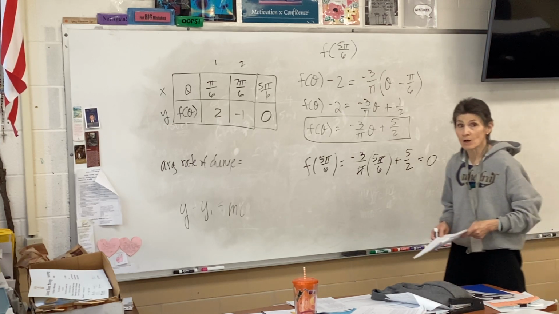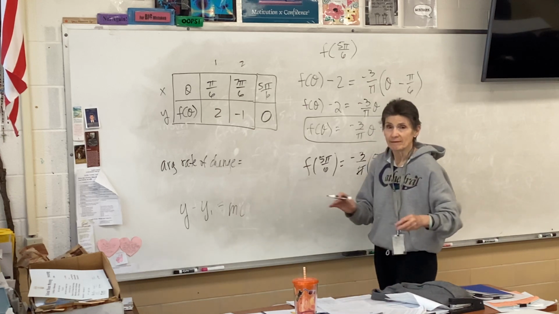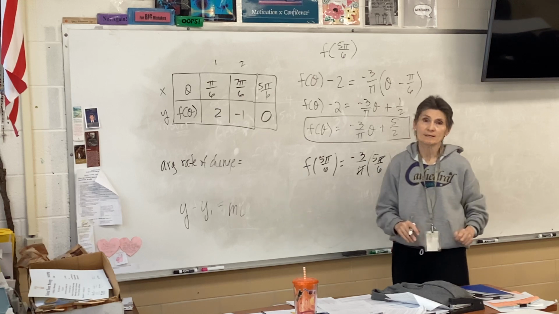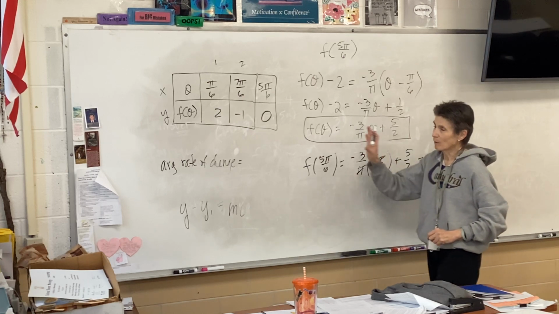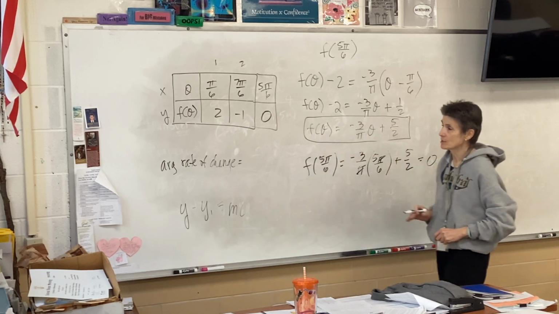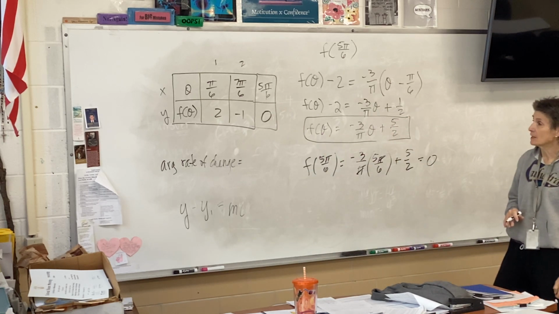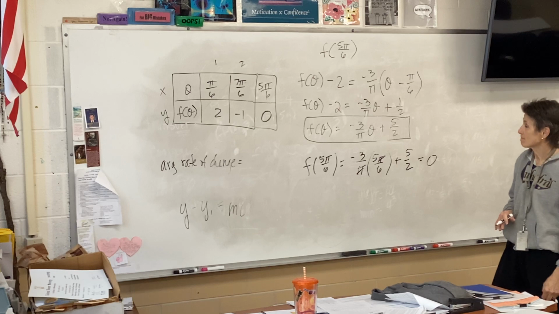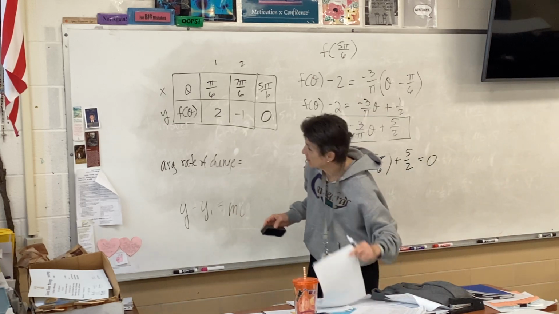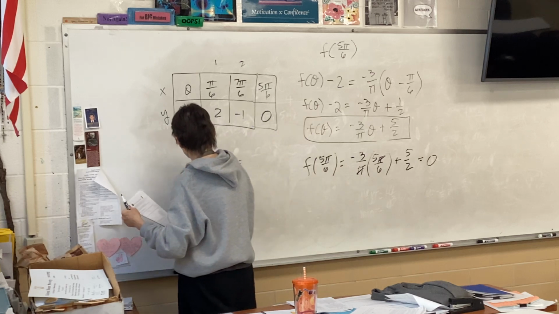Okay? So, again, it looks crazy, but it is exactly what you've done since you were freshmen. You're writing the equation of a line given 2 points. The points just look a little bit different than normal. Okay. All right, now turn the page, and we're going to talk about what's going on in this graph.